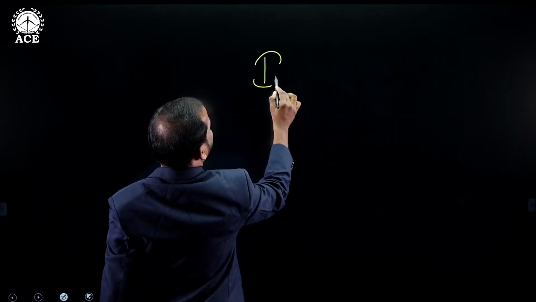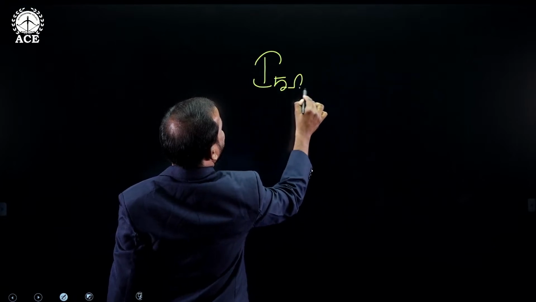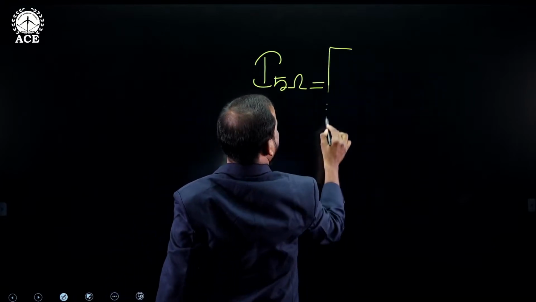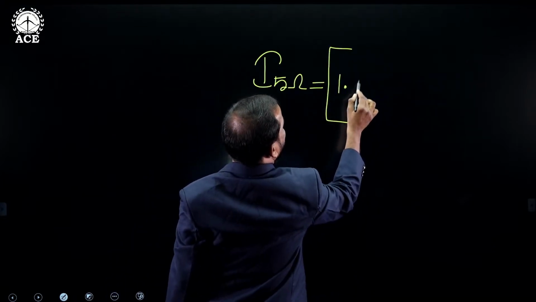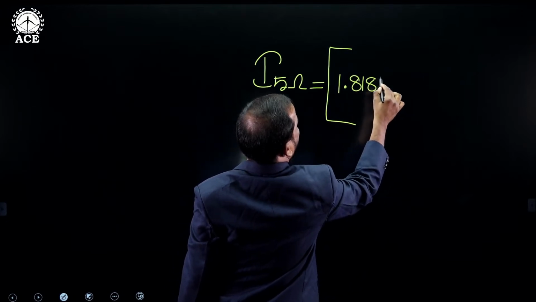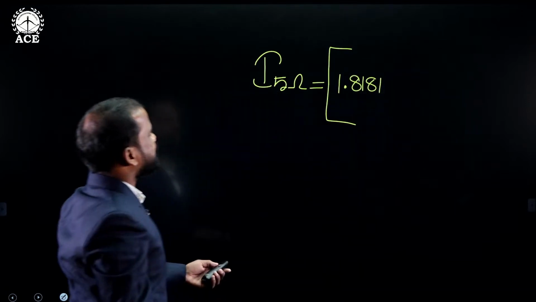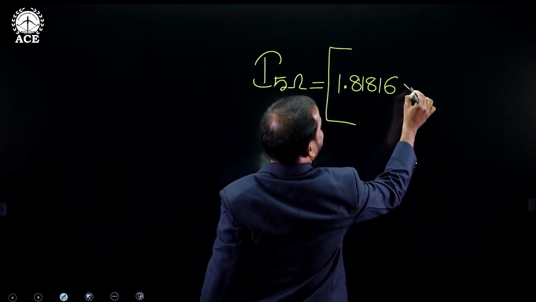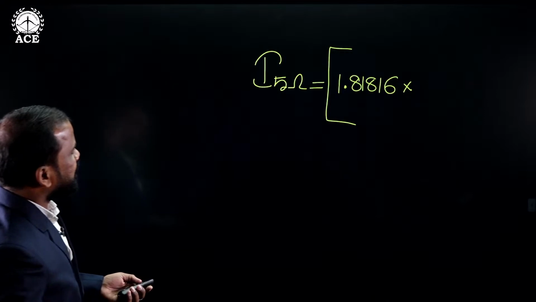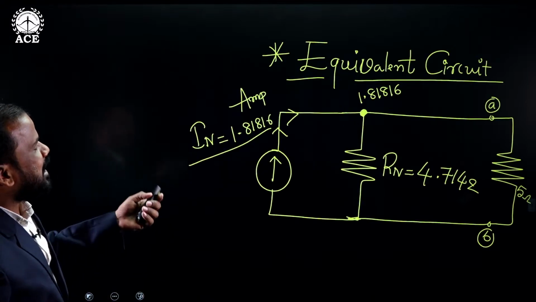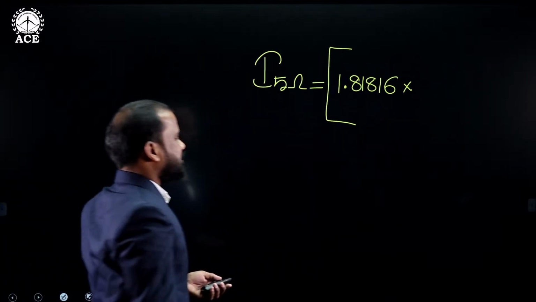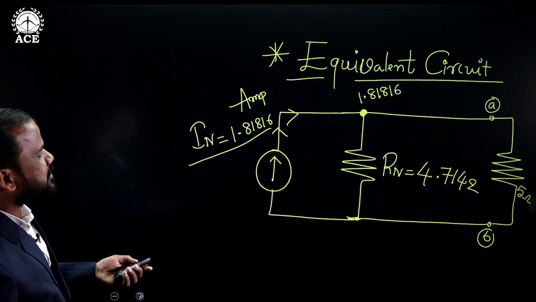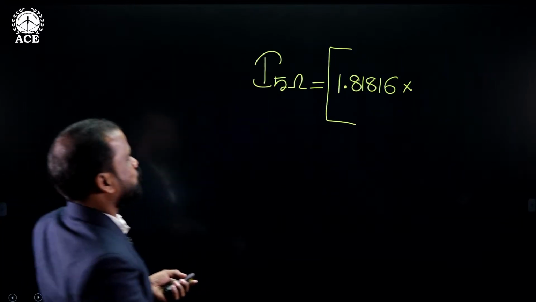So current flowing through load resistance, that is 5 ohms, is equal to the total current available at the junction, that is 1.81816, and the opposite resistance is Rn. Okay, so I am directly substituting that value. Rn is how much? 4.7142.